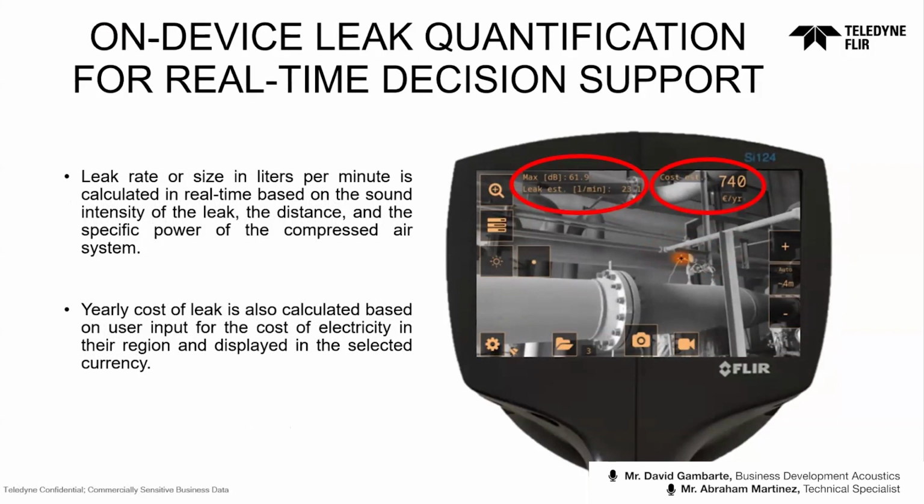For example, for a compressor, you will need to introduce the price per kilowatt hour of the compressor's production. If we are talking about gases, you will need to introduce into the camera the gas cost, the asset cost. So basically, you will have the yearly cost of the specific leaks, and as I said before, you will be able to make quick decisions on those that require quick action.